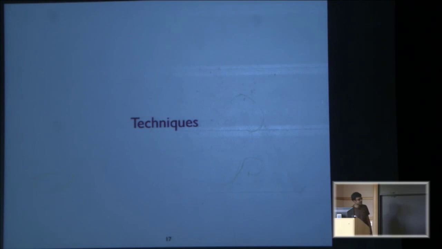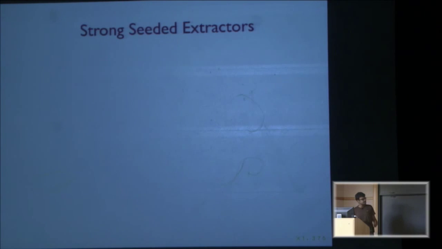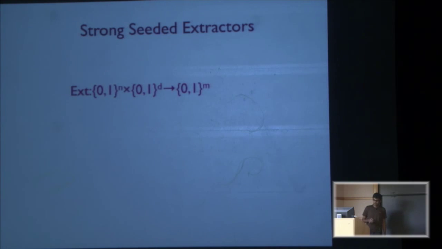Now let's look at the techniques that we use in our work. So I'll introduce some of the tools that we use. One thing that we use a lot are strong-seeded extractors. A strong-seeded extractor takes in a weak source on n bits and d uniformly random independent bits, and outputs m bits such that the output is statistically close to uniform.